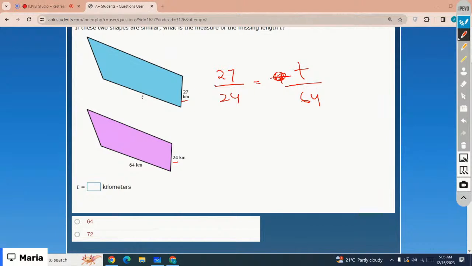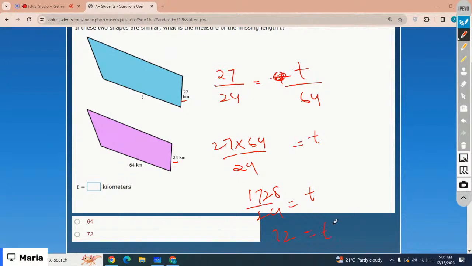So just do cross multiplication and solve this for T. That is 27 times 64 over 24. Let's evaluate. 27 times 64 is 1728, divided by 24. 1728 divided by 24 is 72.